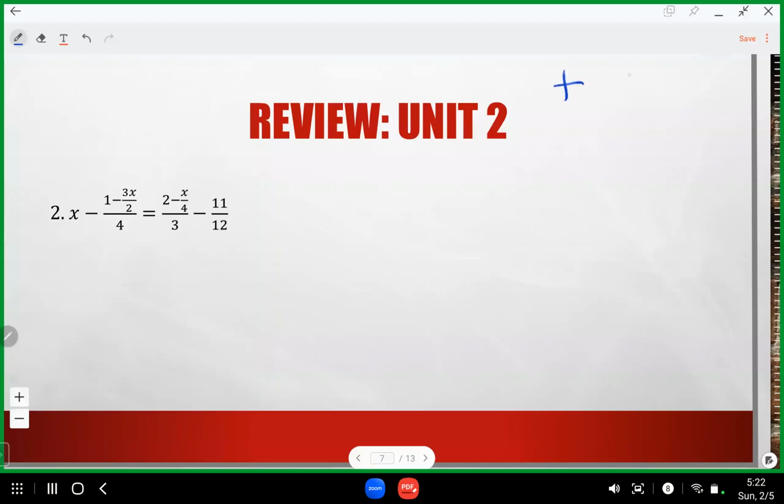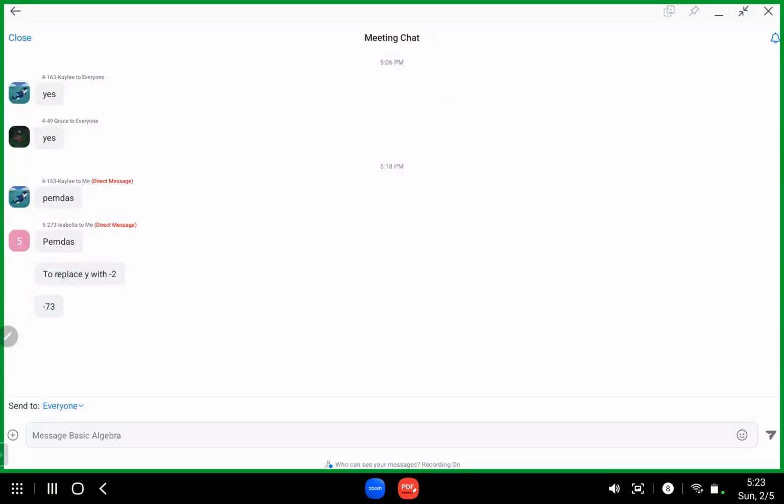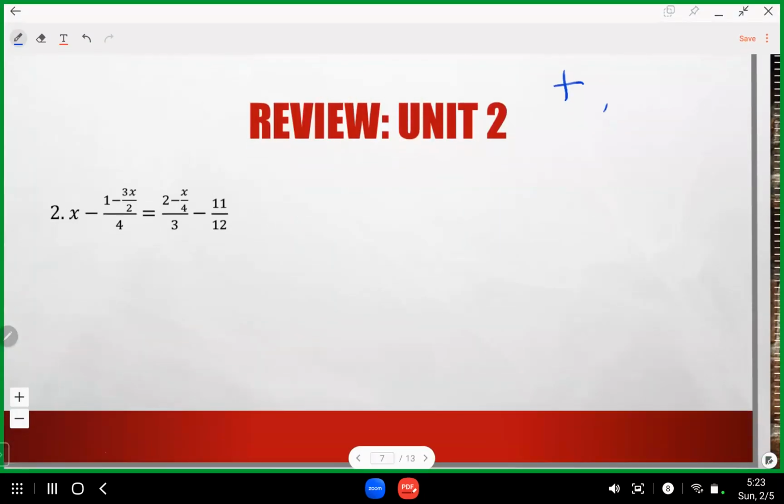So who can tell me what is the inverse operation of addition? It's very easy. Just real quick, rapid fire. Just put in the chat the inverse operation of addition, which is just going to be the opposite, subtraction.